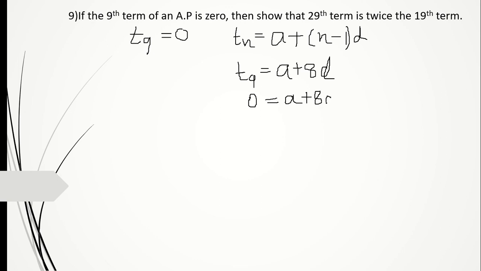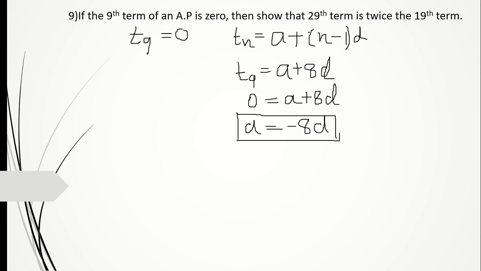So the value of A plus 8D is 0, and therefore we will get A is equal to minus 8D. Imagine I have kept A here only and 8D I have taken that side. So 8D goes that side, it will become minus, no? That's why I get A is equal to minus 8D.